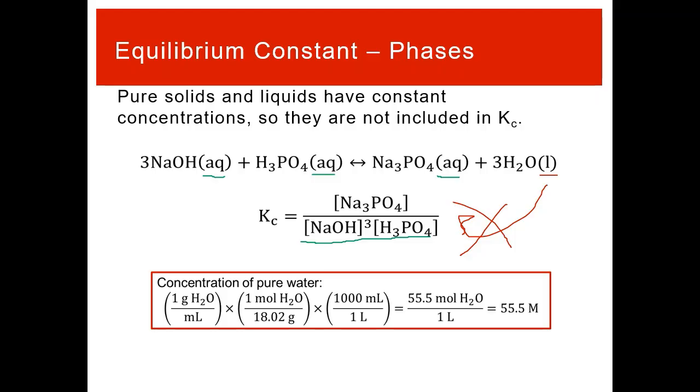So pure water has a constant concentration. It doesn't change, so it doesn't show up in our equilibrium constants. This is true for all pure solids and pure liquids. They do not show up in our equilibrium constant expression.